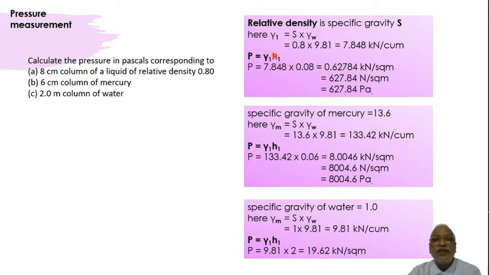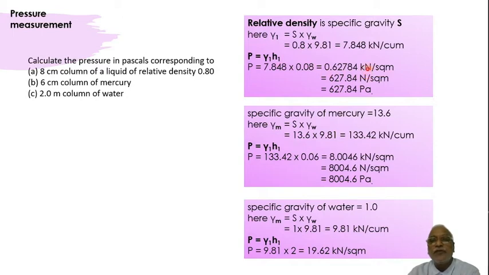So this 8 centimeter I have to convert into meters by dividing by 100 and then use it. So gamma 1 is substituted as calculated, H1 is put as 0.08. Now this is in kilonewton per meter cube, whereas this is in meters. So the units will be reduced to kilonewton per square meter. Right, the value is 0.62784.